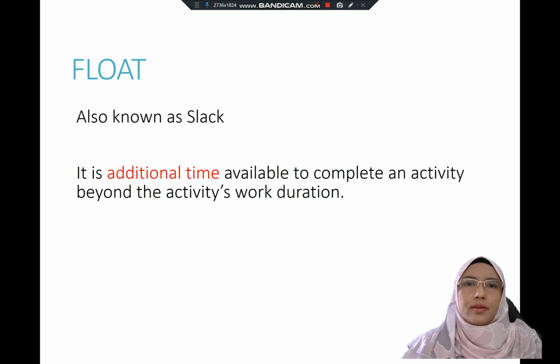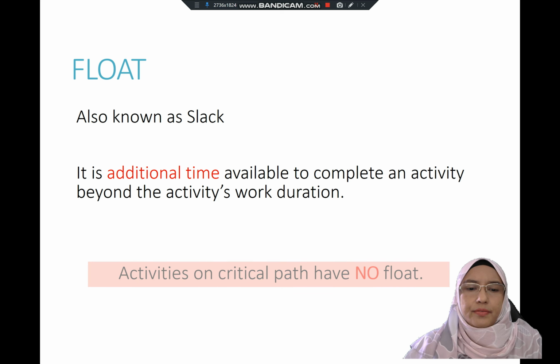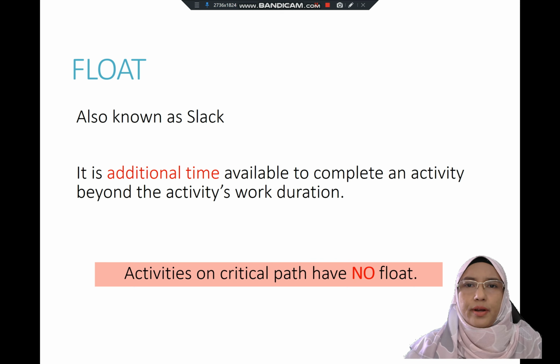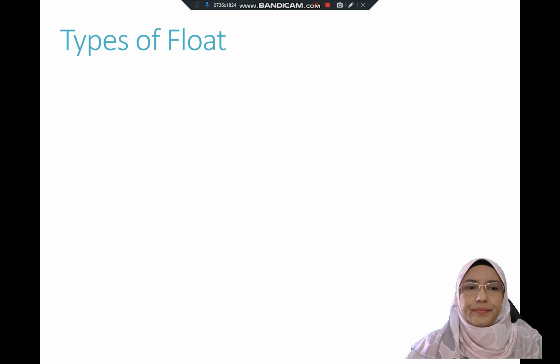Float will not affect the project duration. Critical activities in a critical path have no float, meaning there is no total float for an activity that sits on the critical path.